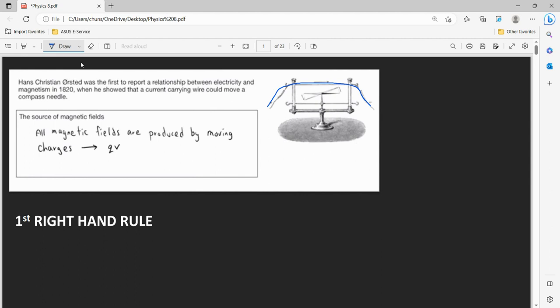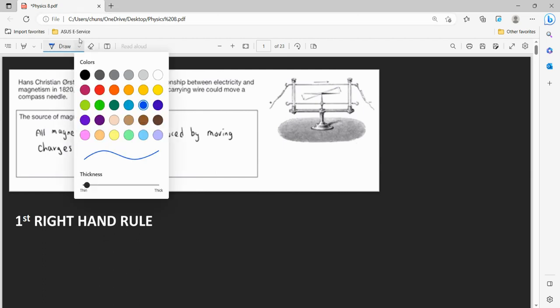And compasses only move under the influence of a magnetic field. So he deduced that this current-carrying wire was inducing a magnetic field that was affecting the compass. So all magnetic fields are produced by moving charges.